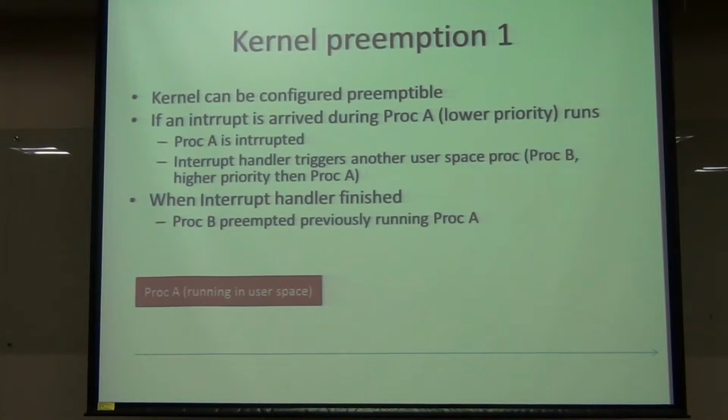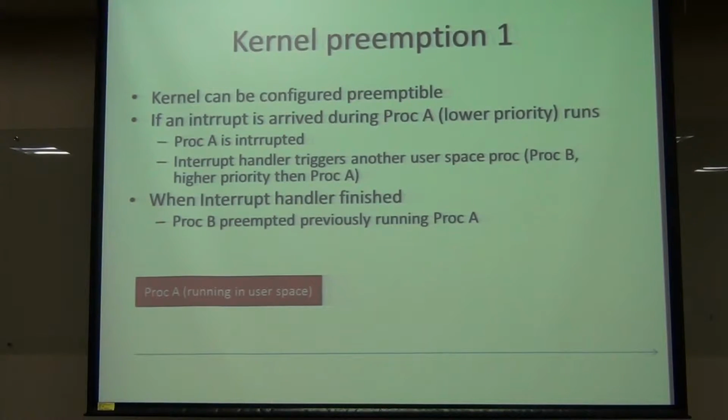Right. Now we are getting into kernel preemption. In the old days the kernel didn't allow kernel preemption, meaning that when you're running some module in kernel space, your kernel will not be preempted. So whatever the kernel module runs, until it finishes, your interrupt will be delayed.